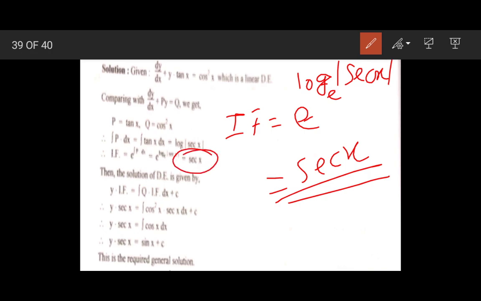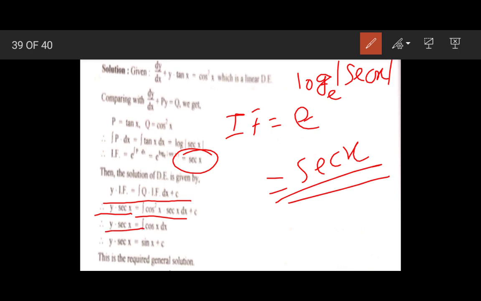Now we find the solution of the given differential equation. For that we use the formula: y into the integrating factor is equal to the integral of q into the integrating factor dx plus c. So y into sec x is equal to the integral of cos square x into sec x dx plus c.